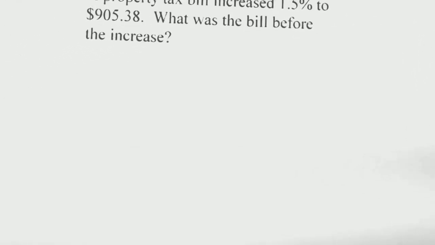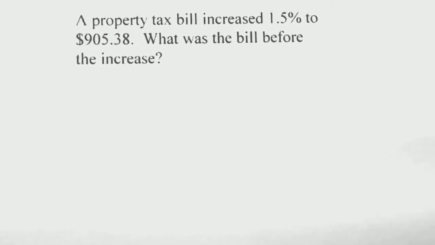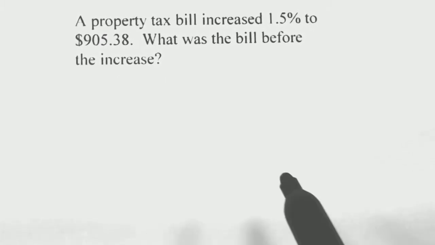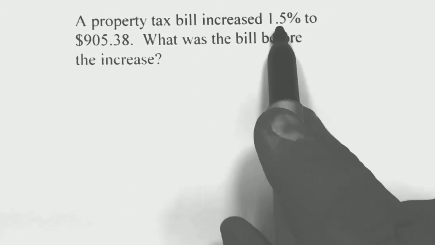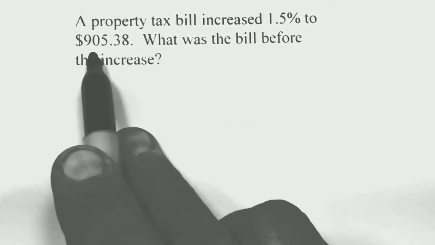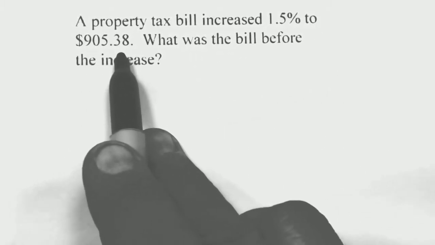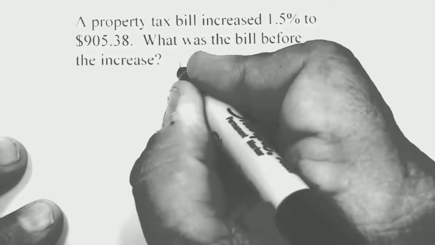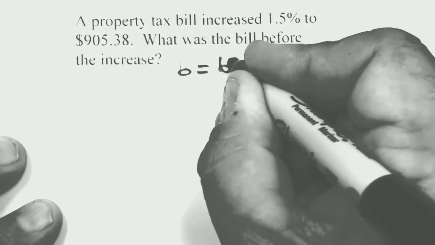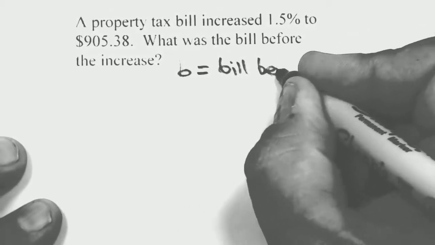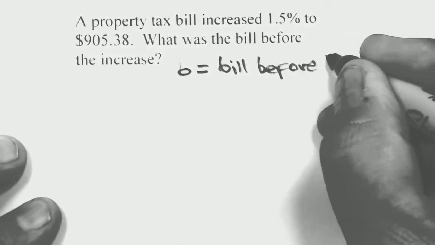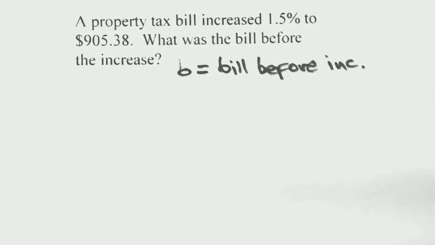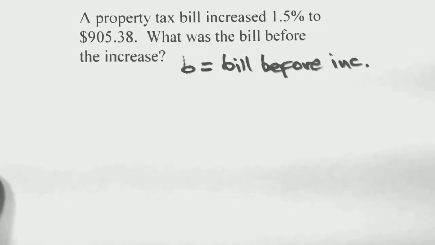Okay, here's another one, an increase type of thing, like adding on some sales tax. A property bill increased 1.5% to $905.38. What was the bill before the increase? Well, let's say B equals the bill before the increase occurred. Okay. Well, again, work this one.